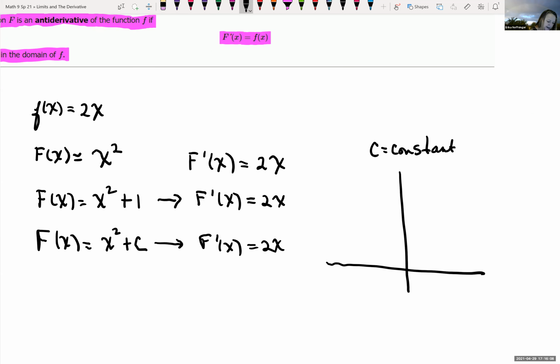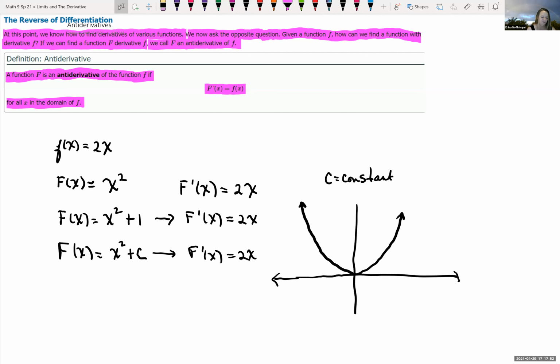If we look at this parabola, which is x squared, and take the derivative, that's telling us the slope of our function.